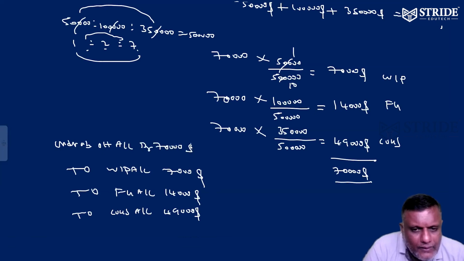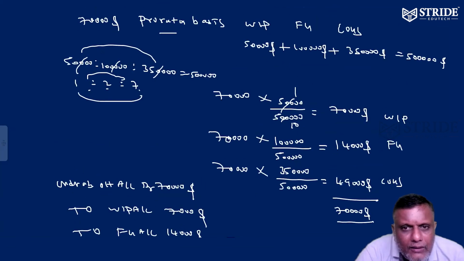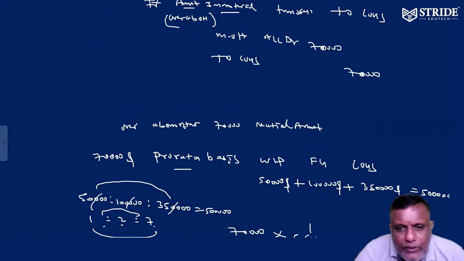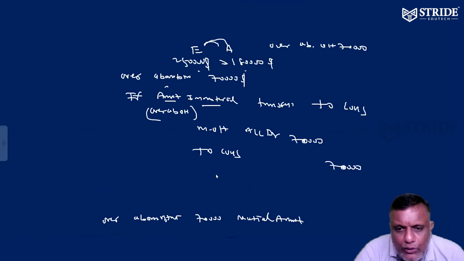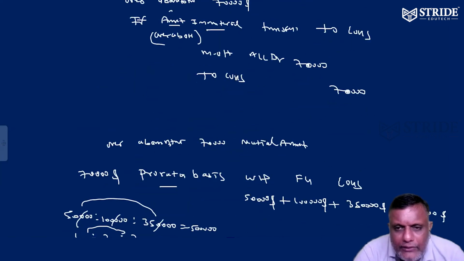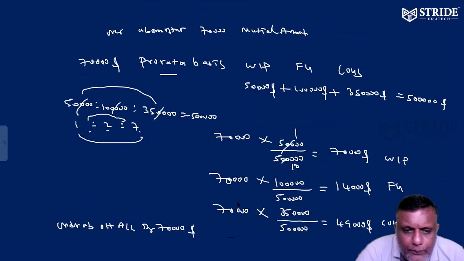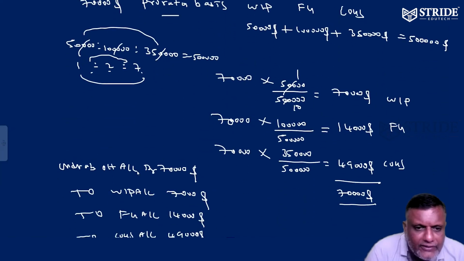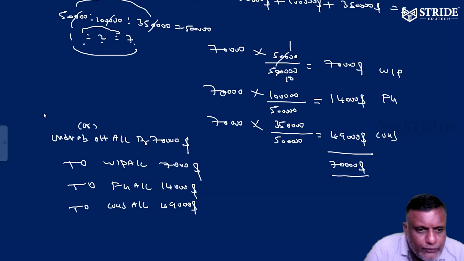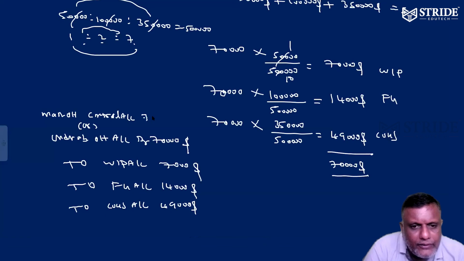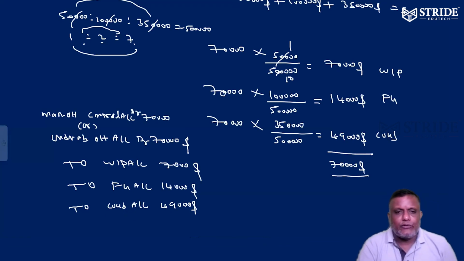Same model. If the amount is immaterial, the entire amount is adjusted towards the manufacturing overhead control account or under absorbed overhead, transferred to COGS. Suppose the amount is material, significant, then under absorbed overhead or manufacturing overhead control should be allocated on a pro rata basis to WIP, FG, and cost of goods.